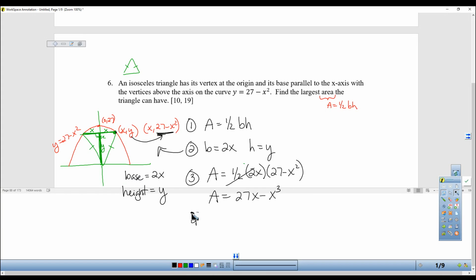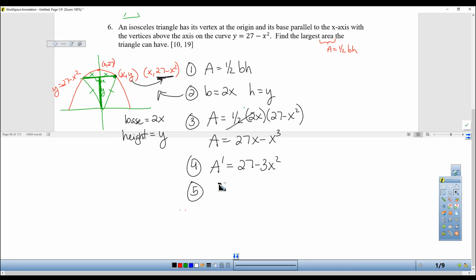Now I'm going to take the derivative, which is 27 minus 3x squared. I'm going to set it equal to 0 and solve. 3x squared is equal to 27. x squared is equal to 9. x is equal to plus or minus 3.